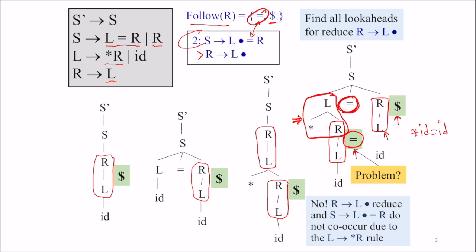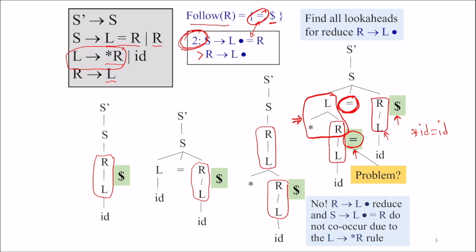But if you look at this state 2, this state 2 is starting from S. If you look at the path to this state 2, there is no way that I had used L goes to star R in order to get to state 2, right? I started from S prime goes to dot S, and then I expanded that, and I got to R goes to L dot.